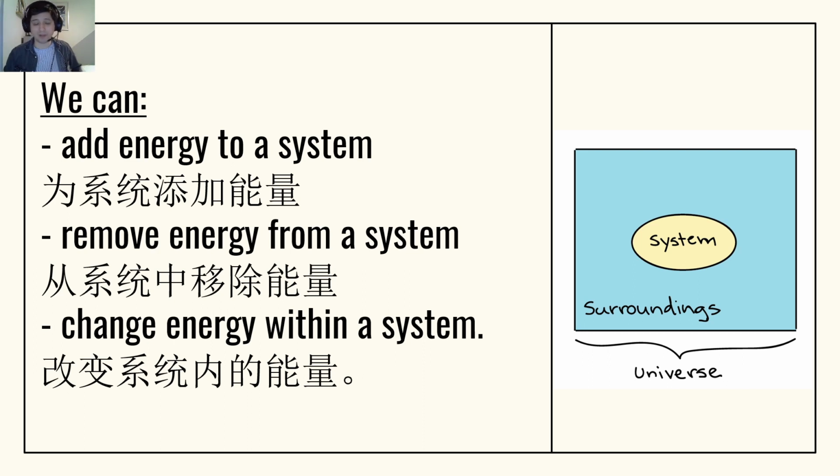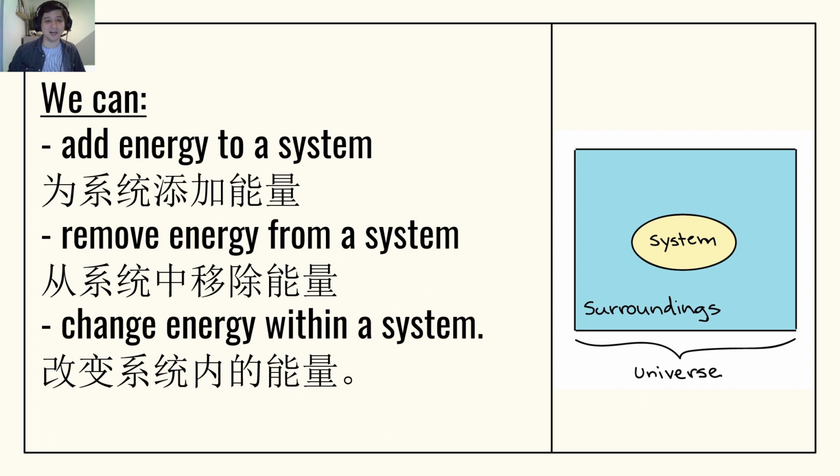Typically, really always, because systems are connected, when you add energy to a system, you're also removing energy from another system, and vice versa. So when I add heat to the pot, I am taking energy from my stove, from the electricity.